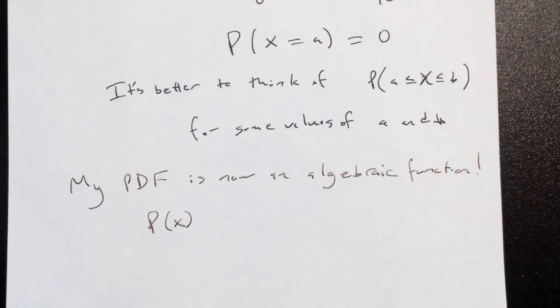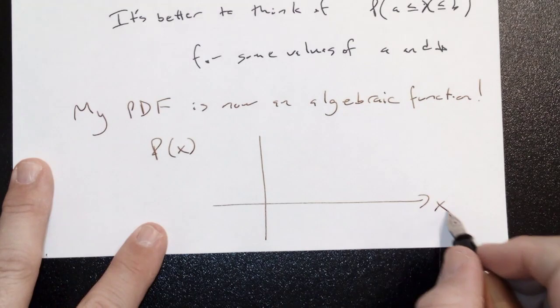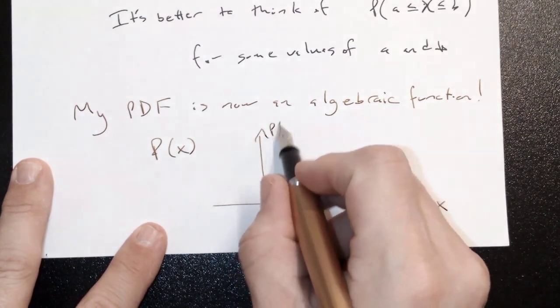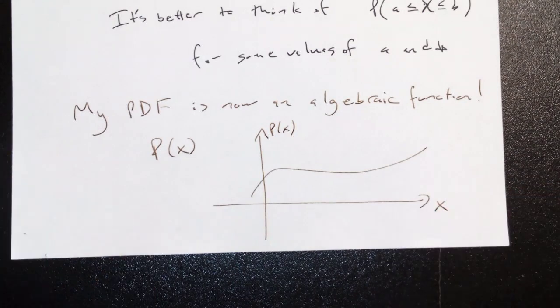Wait a minute. Algebra class. This isn't even calculus. Algebra class. PDFs now are graphs of functions. I don't know what the graph looks like. I just made something up for the moment.